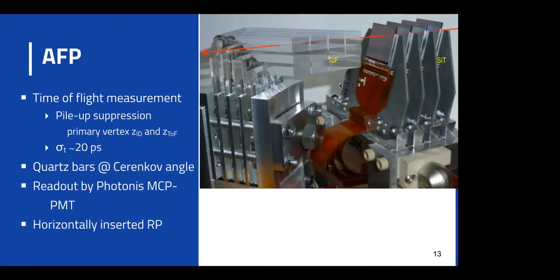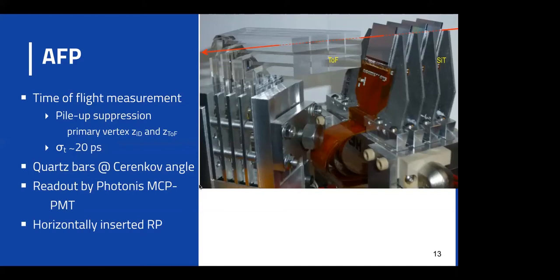Here we see the time of flight detector that is made of quartz bars at the Cherenkov angle with respect to the direction of the protons. They have a groove, a cut in this direction, to maximize the collection of light. They have already provided time of flight measurements with 26 picoseconds resolution.